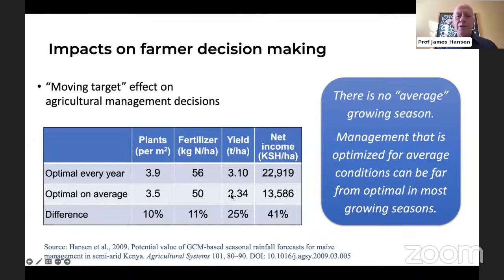The yields are much lower if you select management that's optimal on average. But even more so, there's a huge loss in net income just because you don't know what the growing conditions will be like from year to year. And so this moving target, having to come up with management that's optimal on average, causes, in this case, a 41% loss of average net income.